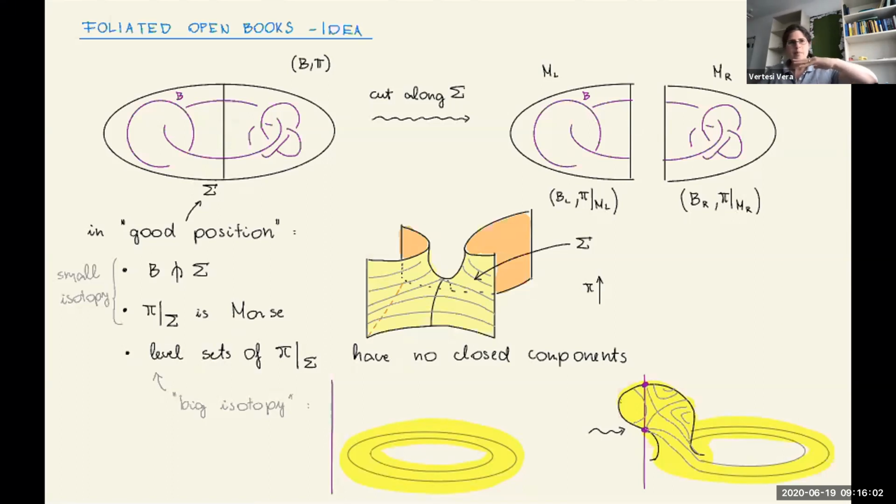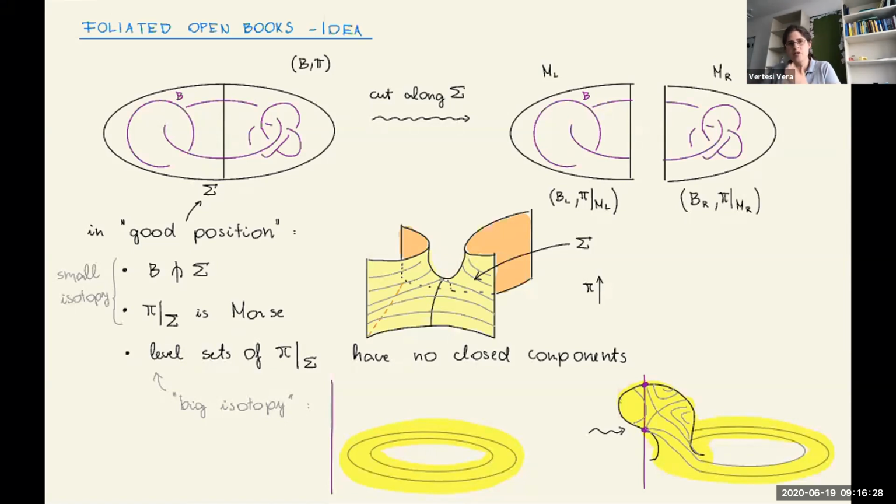So you have this pi, which was a fibration. It was completely regular, but when you restrict it to a codimension 1 surface, it could start to have singularities, and these singularities are going to look exactly like these, minimums or maximums. But the fact that you're not allowing circle components is going to rule out the minimums and the maximums.